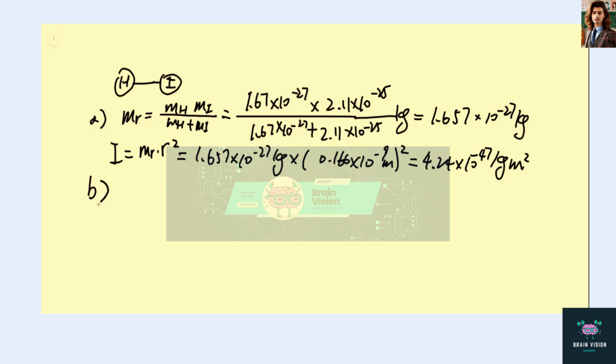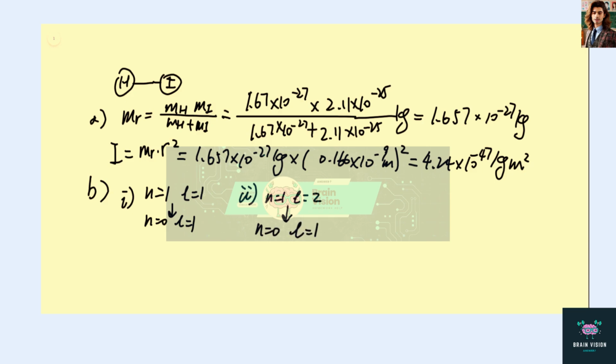So now let's look at part B. Part B asks us to look at the energy involved in several different transitions. So for number 1, we have the transition from n equals 1, L equals 1 to n equals 0, L equals 1. Part 2, we have n equals 1, L equals 2 to n equals 0, L equals 1.